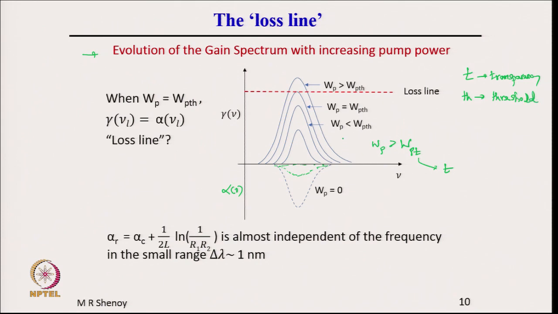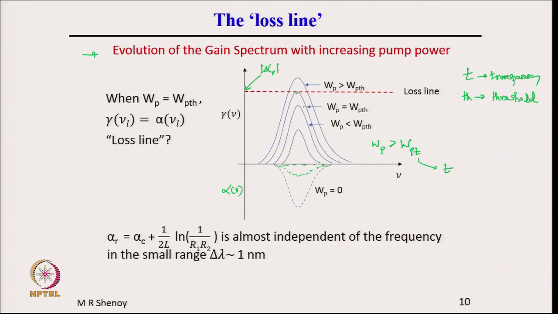So, all the pump powers which are here are greater than that, because then only we have gain, but WP is less than WP threshold. What is the threshold pumping rate? Threshold pumping rate is such that the gain coefficient here will be equal to the loss coefficient. What is this? The value here is mod alpha r, because alpha is actually negative, that is why I have written mod alpha r. This is called the loss line.